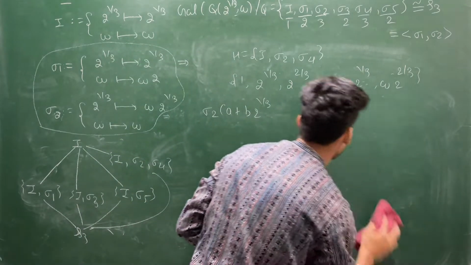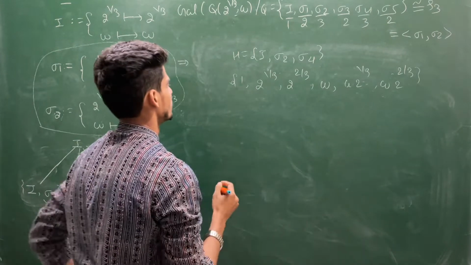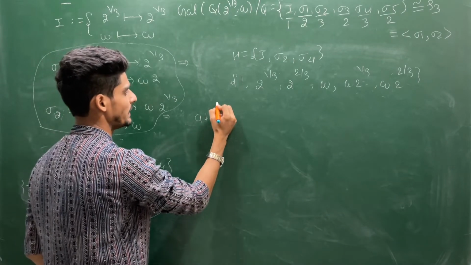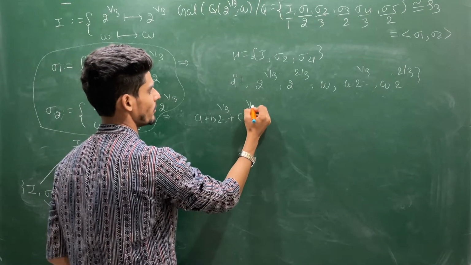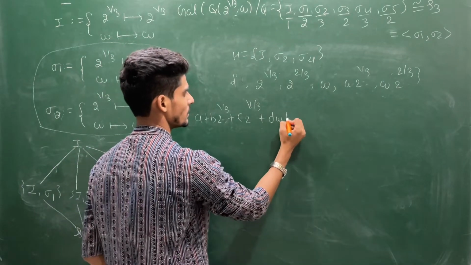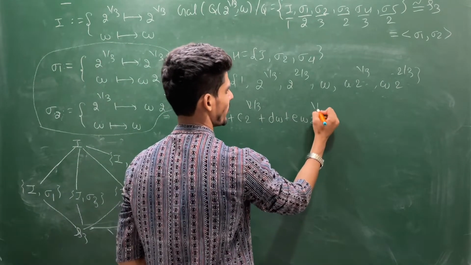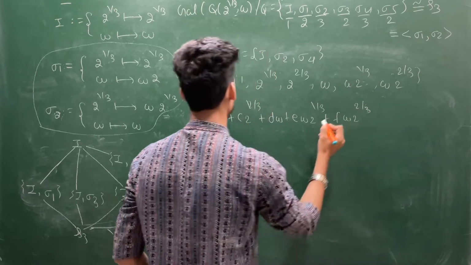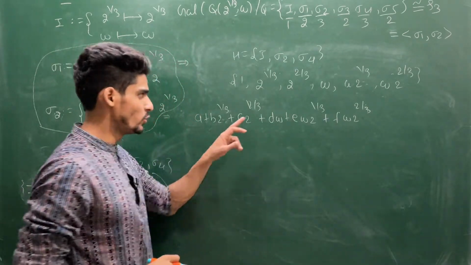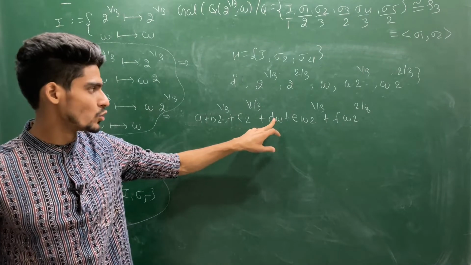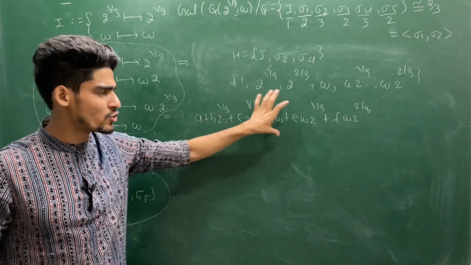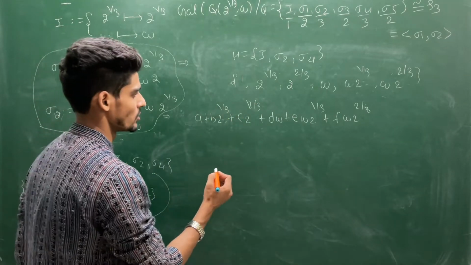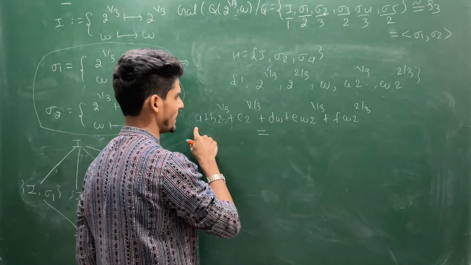Suppose a plus b 2 power 1 by 3 plus c 2 power 2 by 3 plus d omega plus e omega 2 power 1 by 3 plus f omega 2 power 2 by 3 is a fixed element. If it is fixed, then under sigma 2 its image should be itself, because you are seeing the subfield. So if you operate sigma 2, you get the same element.